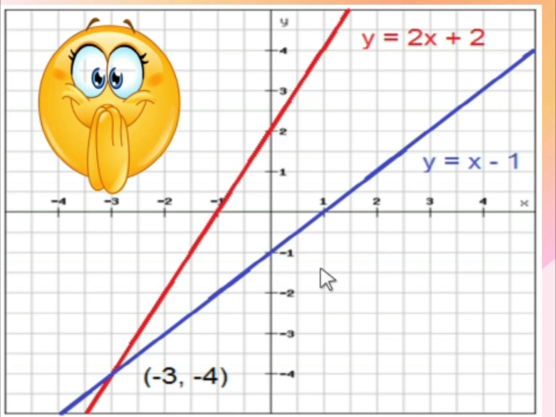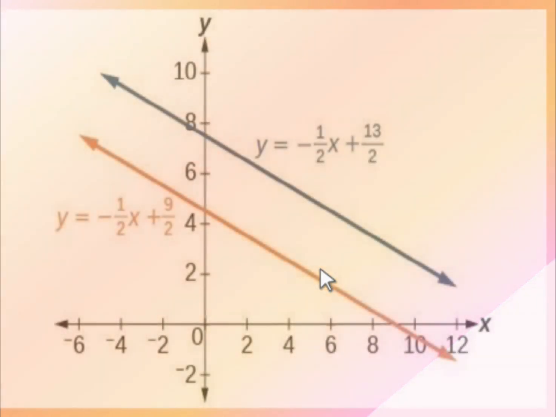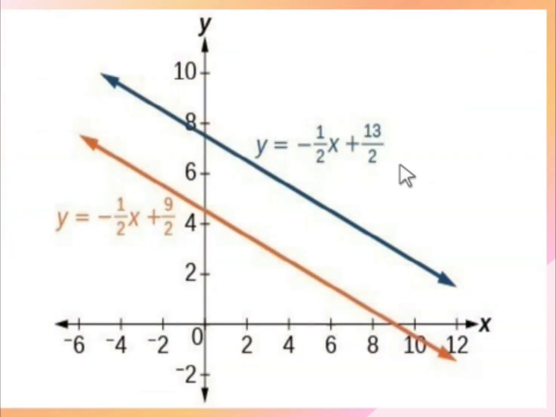Whatever we have learned, we are trying to recapitulate now, and analyze and interpret the mathematics in our own form. Now, see this. Two equations are given to me. The moment I draw this, I get minus half, and this is also minus half. These two are the same.